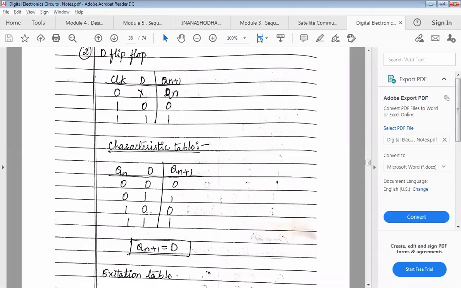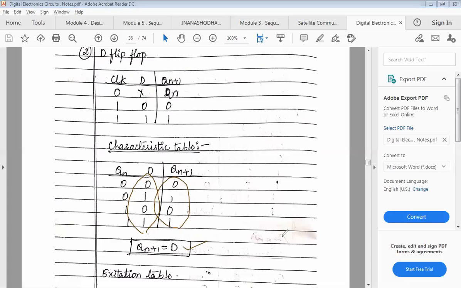Now I check what my D is, and accordingly I decide my next state. So D is 0, so 0 will come, then 1, 0, then 1. You can see that all these values 0, 1, 0, 1 are equal to your output. So my next state is nothing but D.